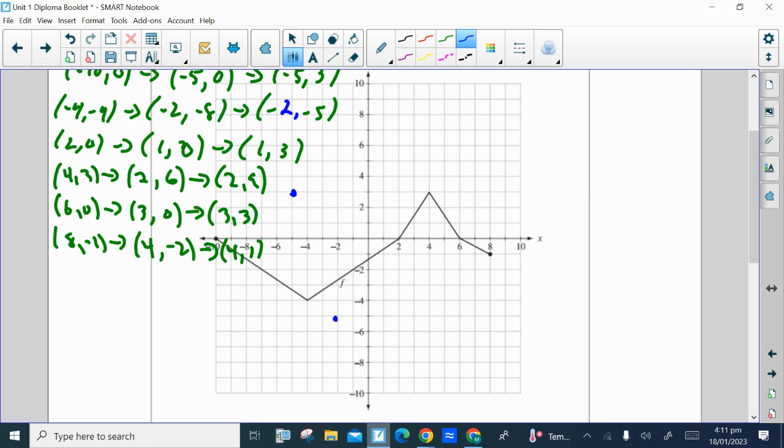Then I have 1 comma 3. Then I have 2 comma 9. 3 comma 3. And 4 comma 1. So here's our new graph.